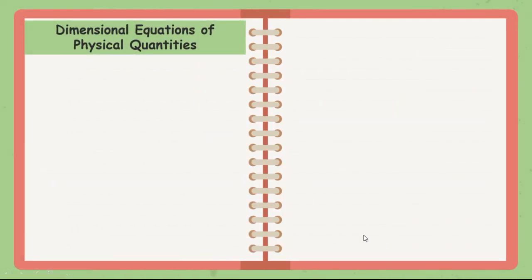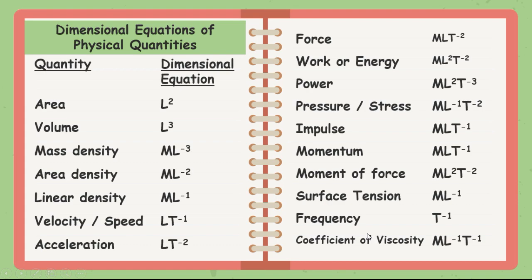Great. And so let's look at the dimensional equations of some selected physical quantities, which will be the basis for all discussion. Now, these are the quantities and their dimensional equations.